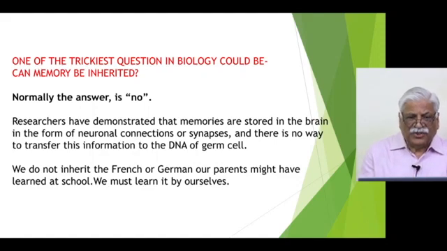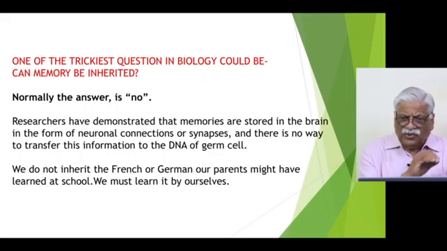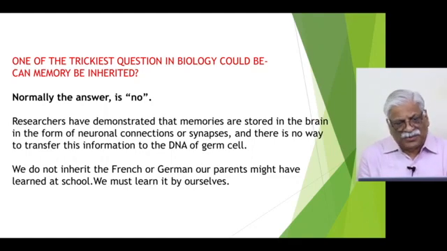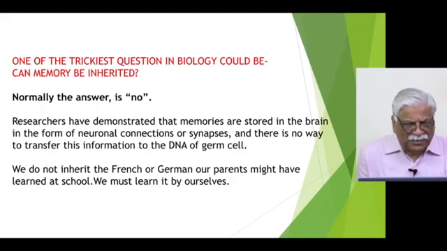That means the testes should form a gamete and the ova should form a gamete, and when they fuse together, then ultimately the individual is formed. So these are basically the germ cells formed from the testes and from the ova, and there is no way by which these kinds of structures, the fibers present in neural connections or synapses, can be transferred to the germ cells, or DNA related to this can be transferred to the germ cells.